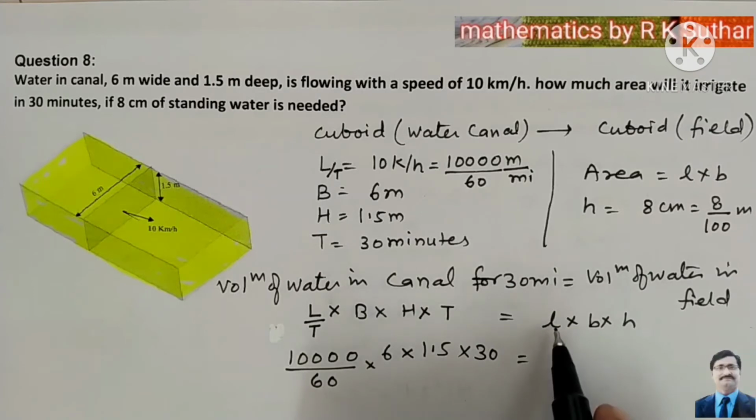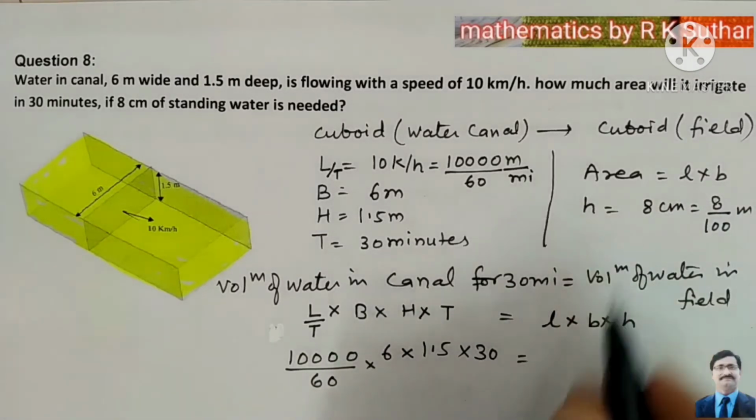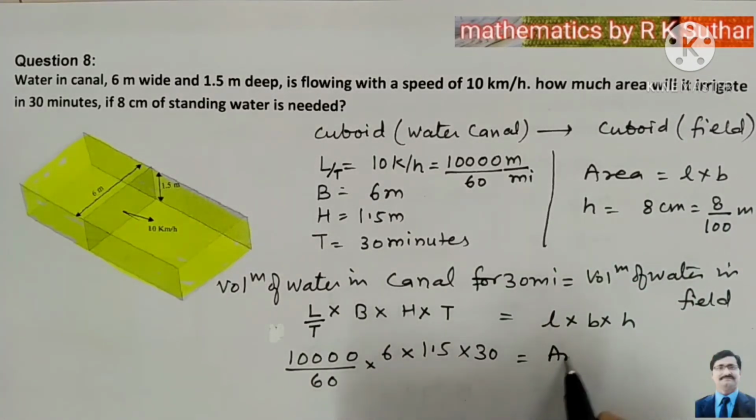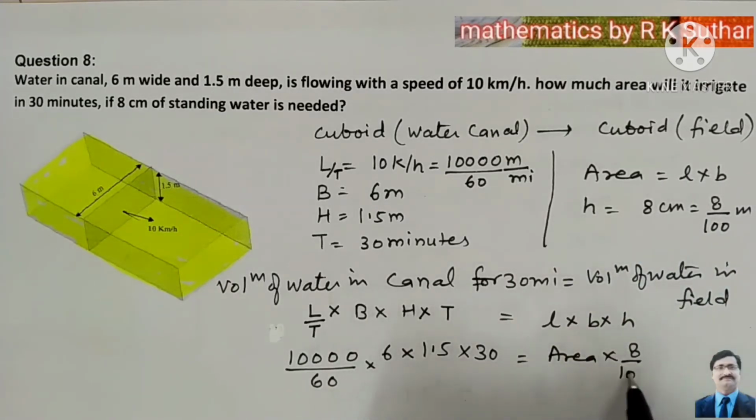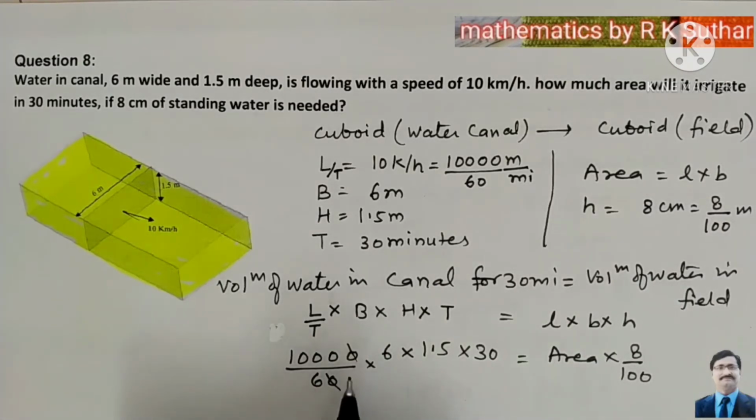Okay, and here in place of length into breadth we write area, and in place of height we write 8 upon 100. Okay, so this is the area we will get in meter square. This 0 and 0 we can cancel, this 6 and 6 we can cancel, and the remaining we have to write here.